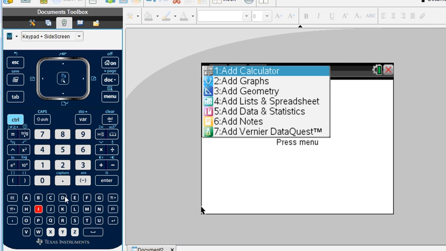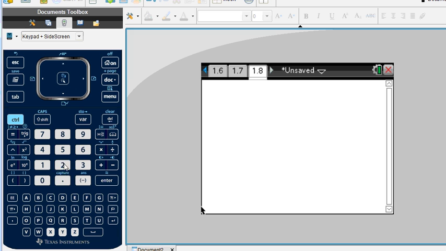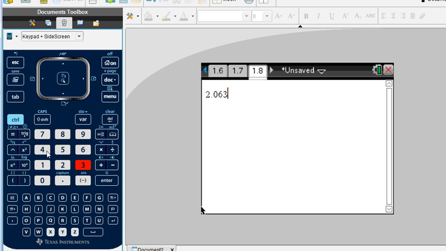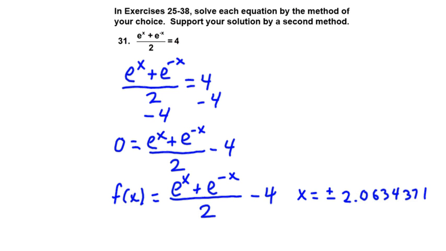Control I and add calculator. 2.0634371 and Control Vars A. And we're going to enter the original function we had, which is e to the A plus e to the negative A power, and that all over 2 should equal 4, which it does. So this would be our correct answer.